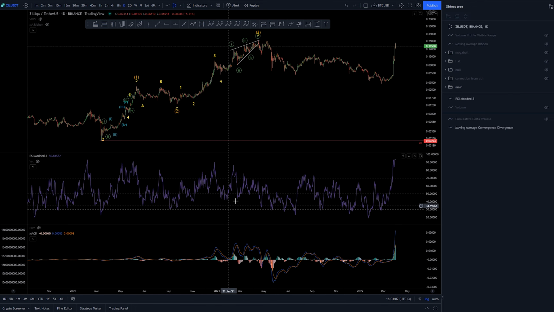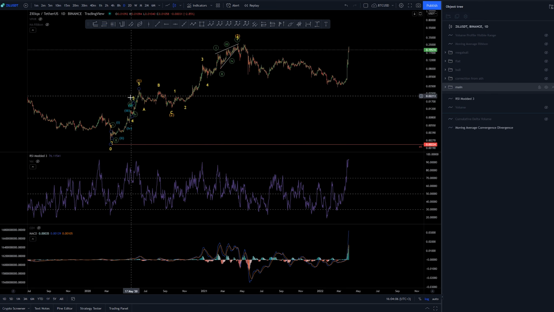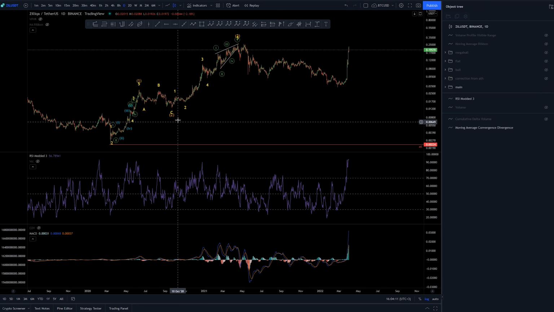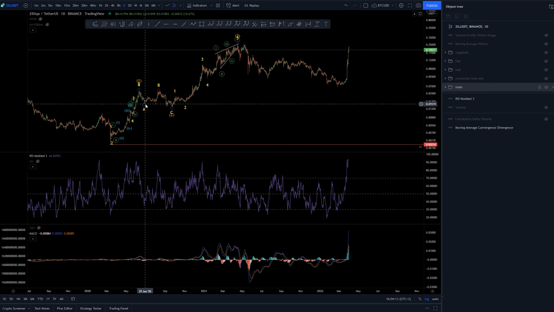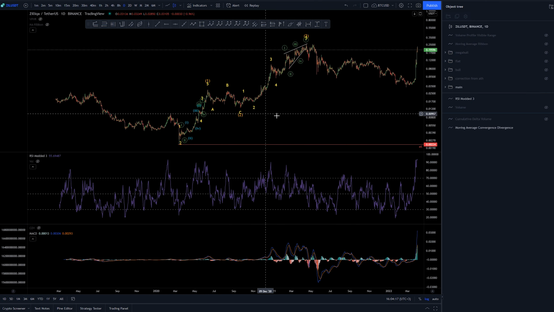Now, to me this looks like some kind of 5 waves here as an impulse wave, labeled 1 of intermediary into 2 of intermediary, having this kind of flat pattern down into the C of minor.